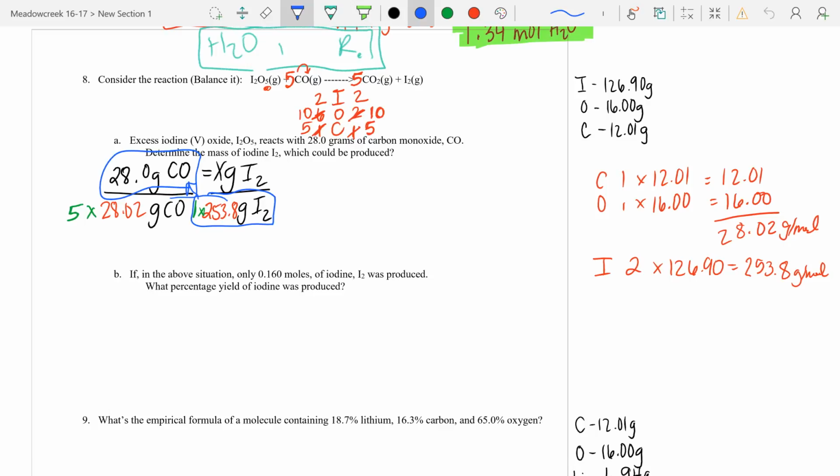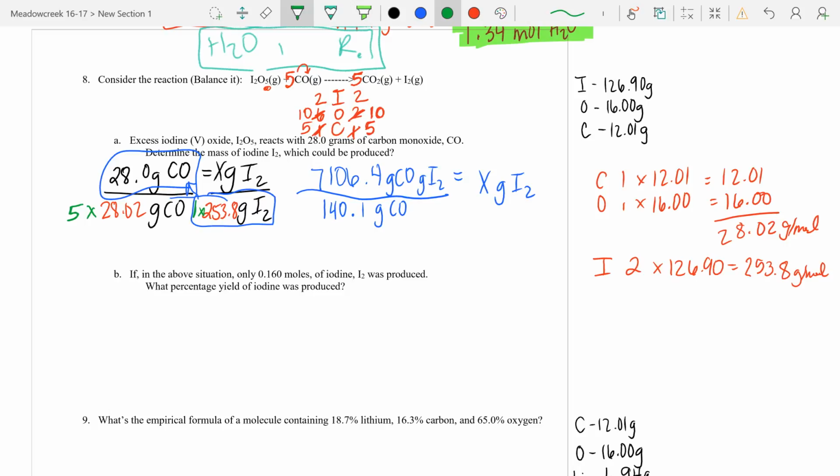So we have 253.8 times 28.0, and that gives me 7,106.4 grams of CO, grams of I2, over 5 times 28.02, which is 140.1 grams of CO, equal to X grams of iodine.